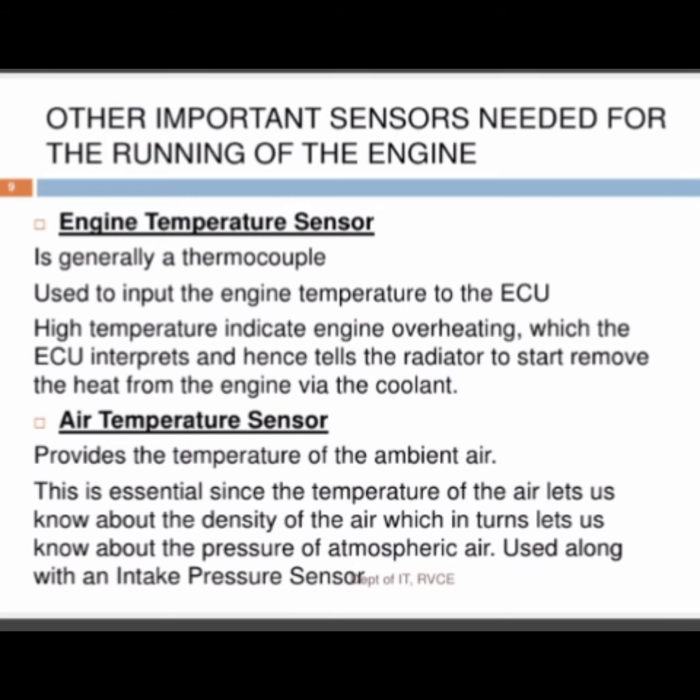The air temperature sensor provides the temperature of the air. This is essential since the temperature of the air lets us know the density of the air, which in turn lets us know the pressure of the atmospheric air, used along with the intake pressure sensor.